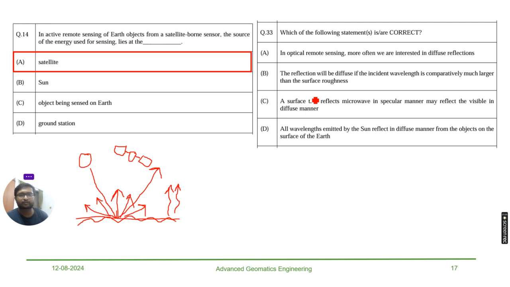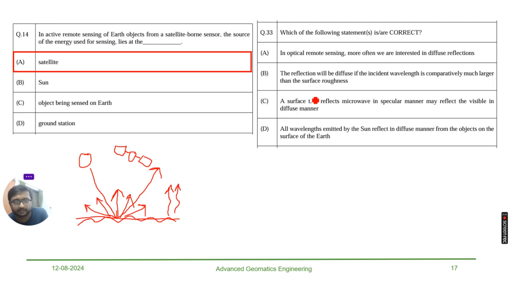So now we'll start with the first option. In optical remote sensing, more often we are interested in diffuse reflection. So is that statement right or wrong? So what do you think?